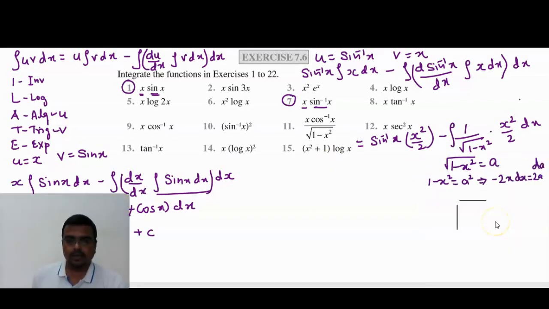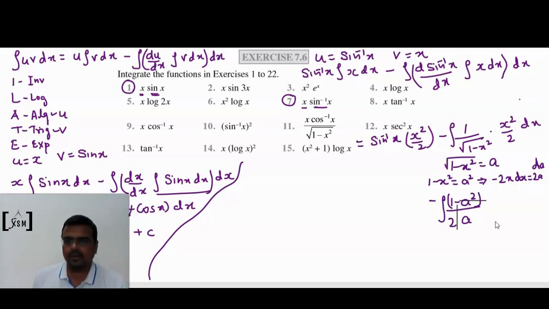So let me write it fresh, guys. This question is minus the integration of, for x square I will write 1 minus a square, and for the square root part we had supposed a, and 2 is there, and for the dx part we will write negative, so it makes positive, a da over x.